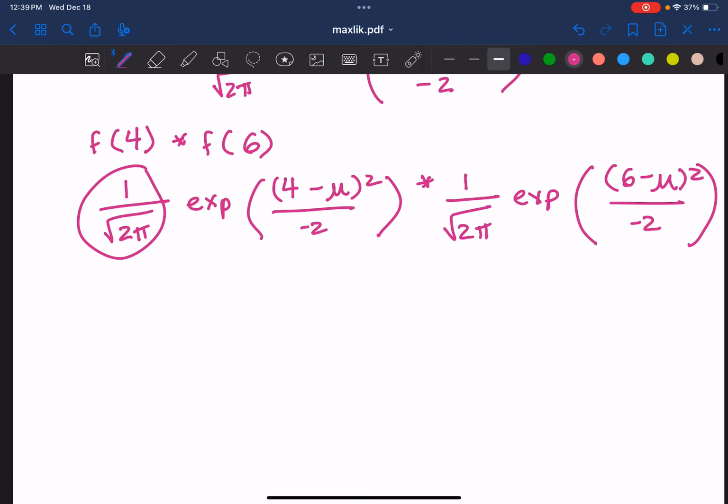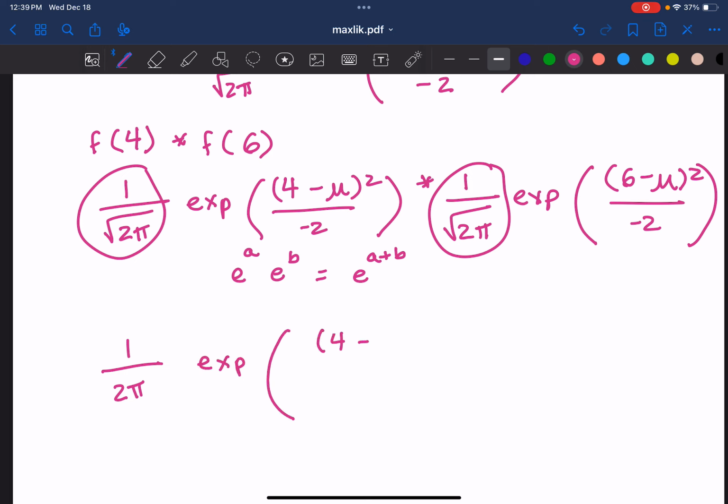In the denominator I'll have root 2 pi times root 2 pi, so that comes out to be 1 over 2 pi. And then I have e to the a times e to the b, which is equal to e to the a plus b. So I can also write this as e to the 4 minus mu squared plus 6 minus mu squared, all over negative 2.